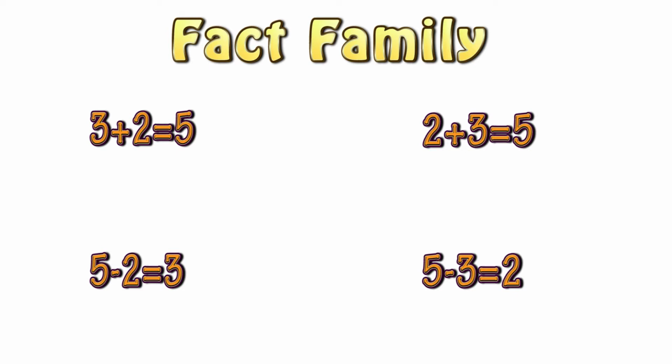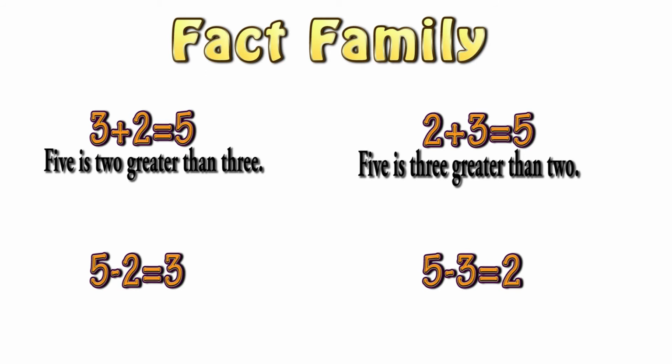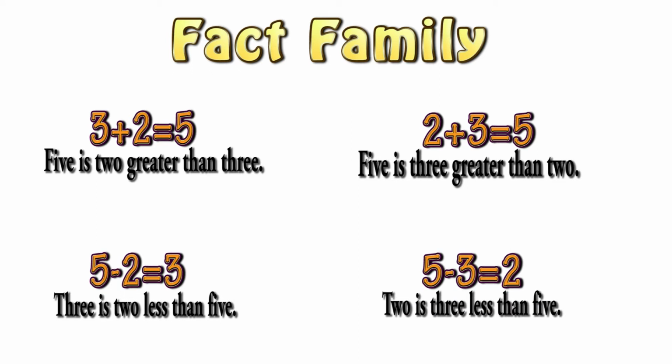It's easier to see with these smaller numbers that 5 is 2 greater than 3, and that 5 is 3 greater than 2. It also shows that 3 is 2 less than 5, and that 2 is 3 less than 5.